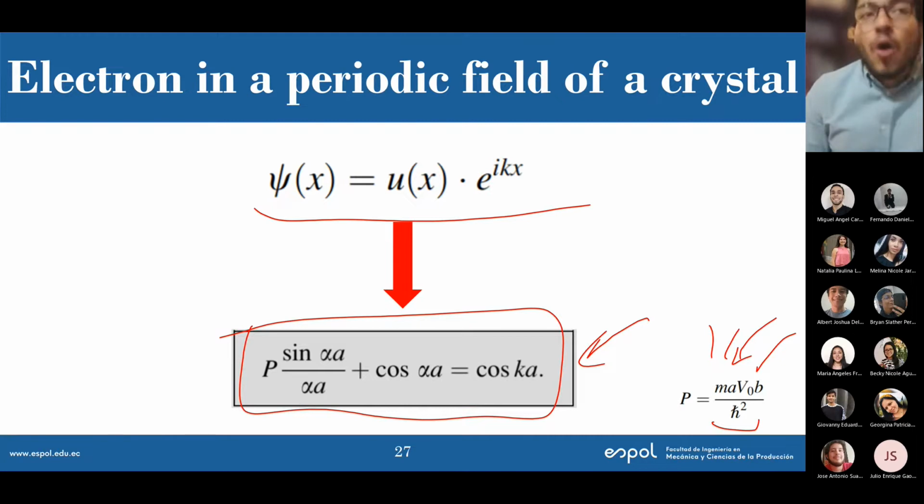So that means only certain values of energy. I'm going to simplify the question. Is any value of alpha allowed to satisfy that condition?